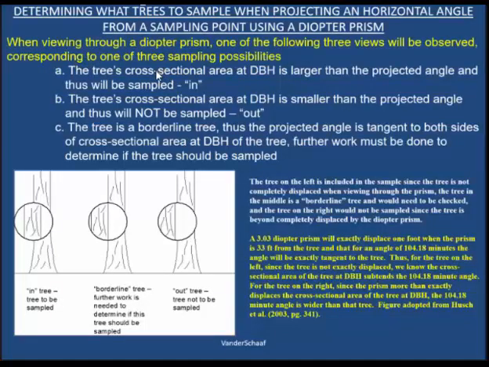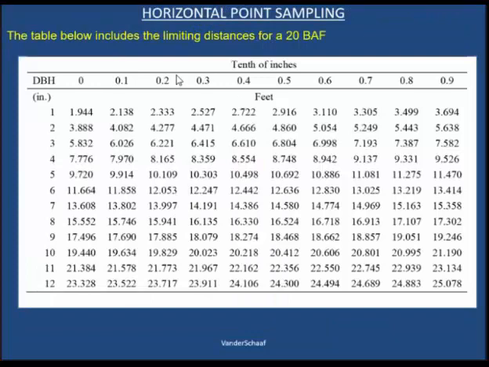Quite often folks use prisms, but there are angle gauges. You can make your own angle gauge. You can make your own Jim-Gem, your own Cruz-All. Some people do use relascopes, and occasionally people will measure it manually with a tape, just knowing the limiting distances that we have here.